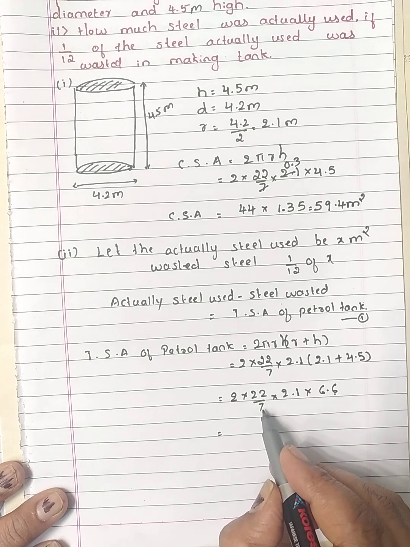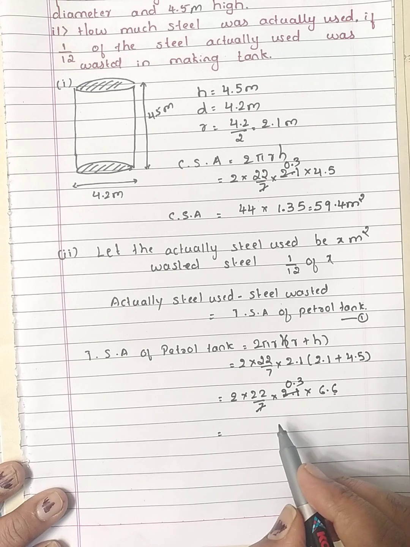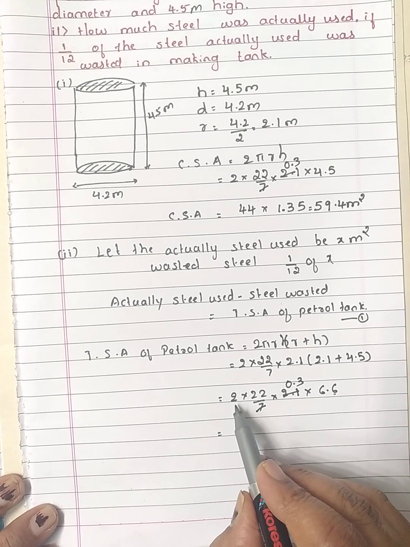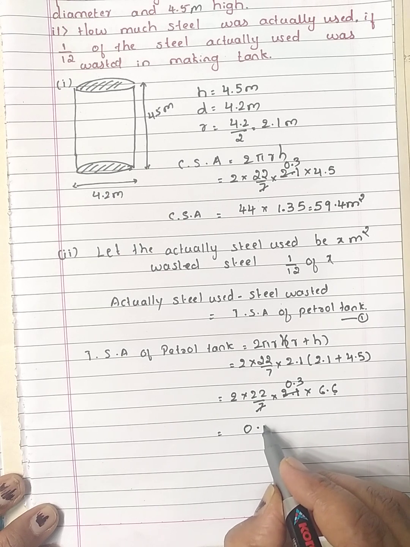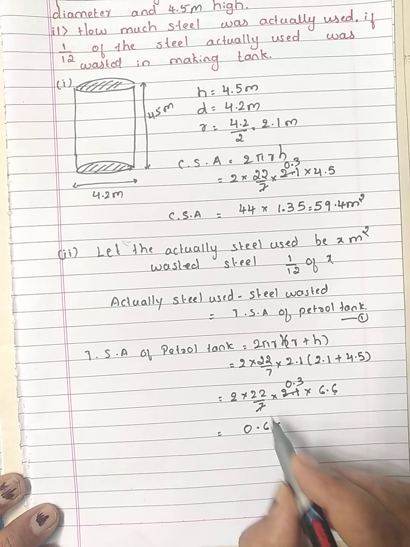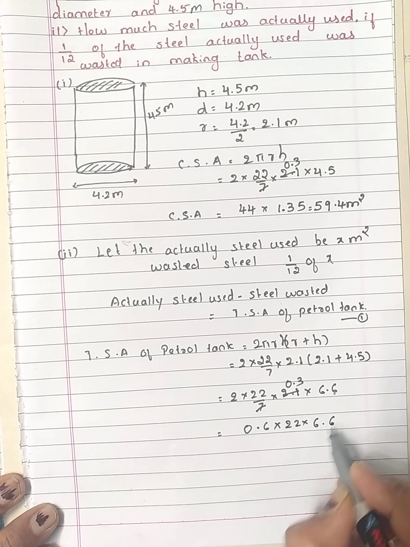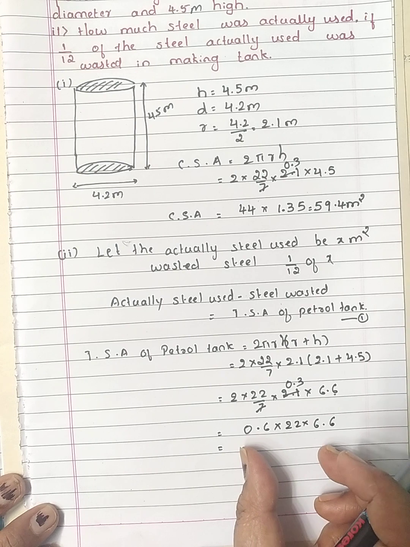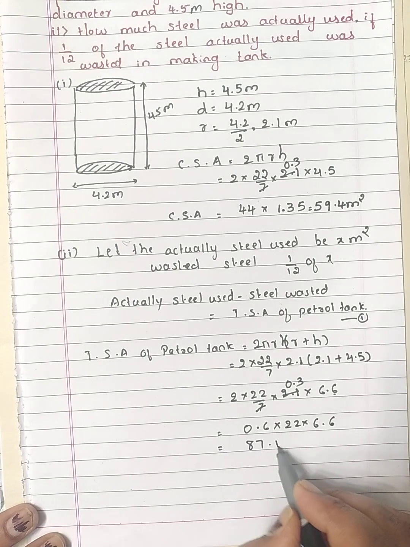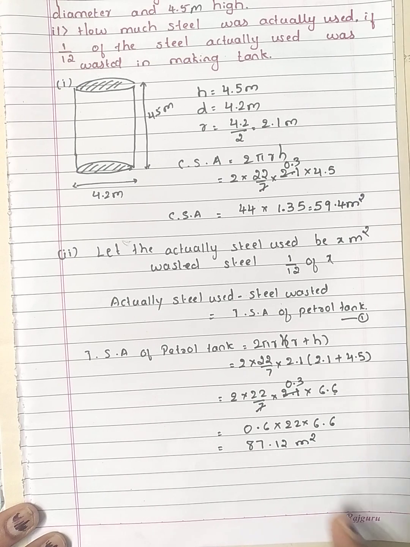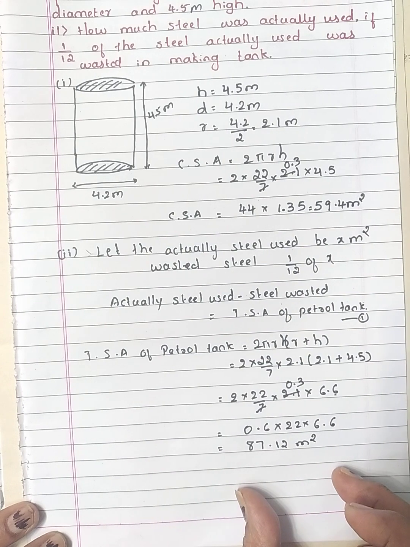Now we cancel: 7 ones are 7, 7 threes are 21. First we simplify: 2 into 0.3 becomes 0.6, and then 22 and 6.6. When we multiply these three numbers, we get 87.12 meter square. So what is this? This is the total surface area of the cylinder.